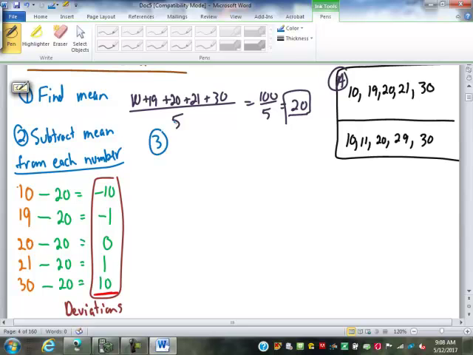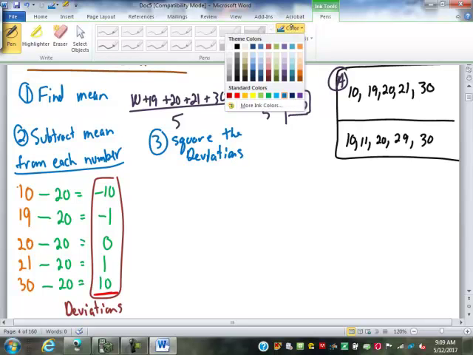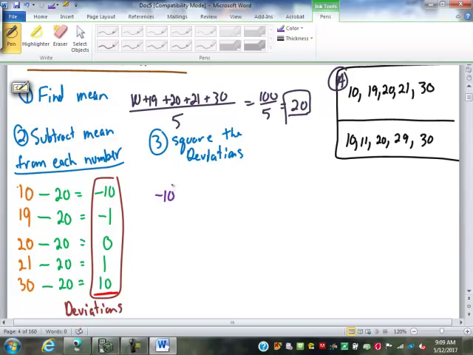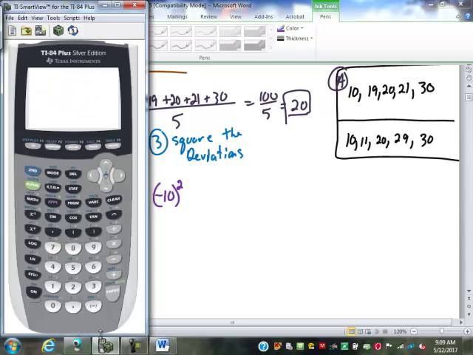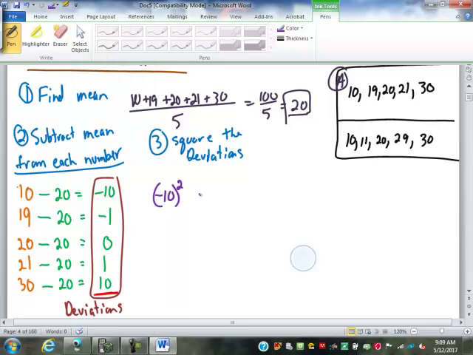Step 3 now is to square the deviations. So negative 10 squared. Now this is where you have to be careful. Remember, a negative number, when you square it, has to give us a positive result. On most of your calculators, to square a negative number, you have to put it in parentheses. So negative 10 squared should be a positive 100.